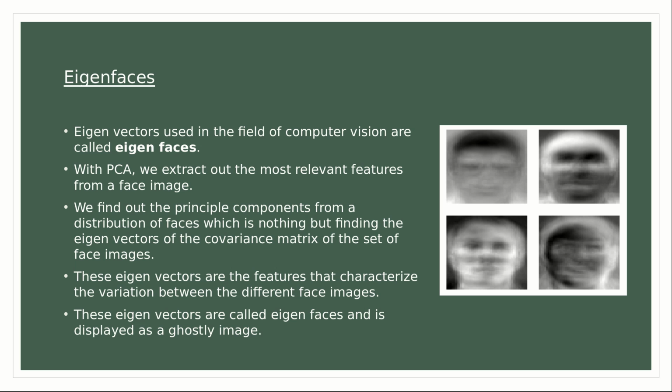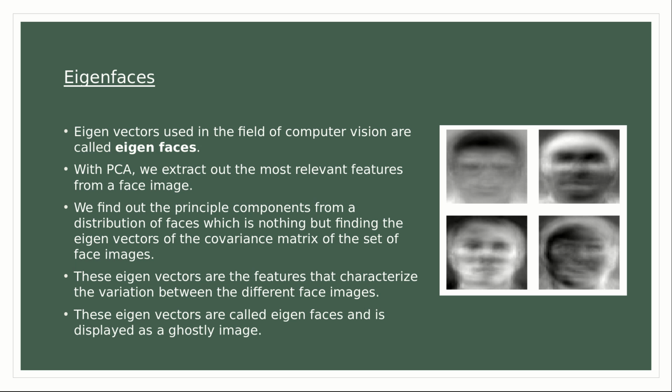One of the other major concepts of our project is eigenfaces. Whenever we use the term eigenvector in the field of computer vision, it's called eigenfaces. We do not really use the term eigenvector, but we use the term eigenfaces. As we know from PCA, we extract the most relevant information from a face image, the principal components of the distribution of faces.